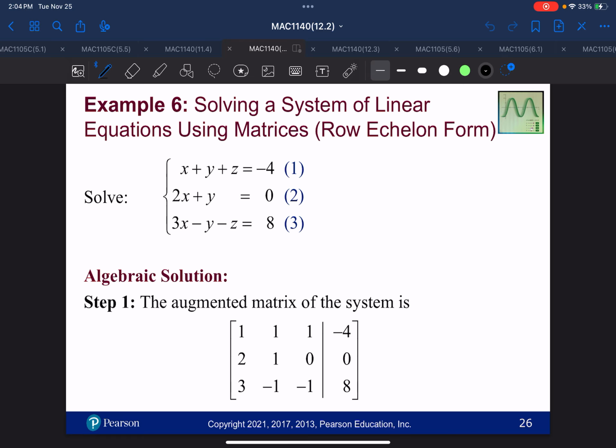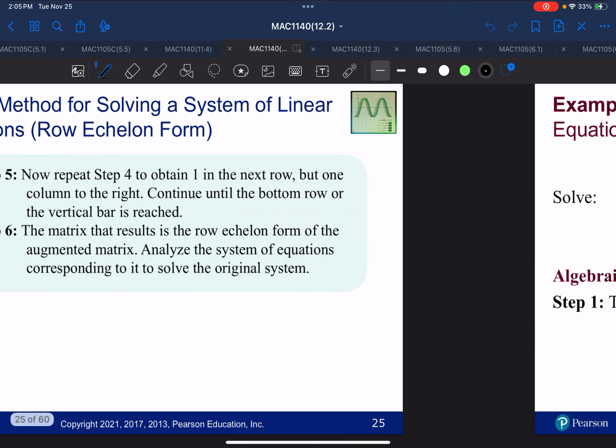Okay, so in this video I'm going to be finishing section 12.2 and then we'll be moving on to 12.3. Last time we met, we were in the middle of 12.2 talking about how to put a matrix in row echelon form.